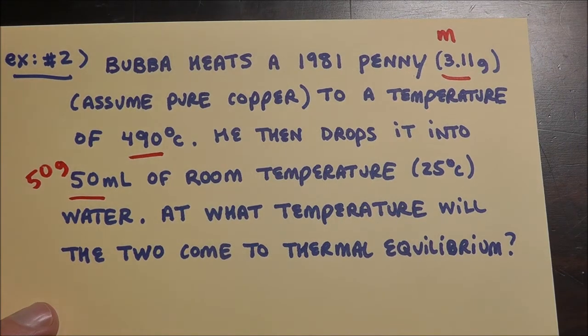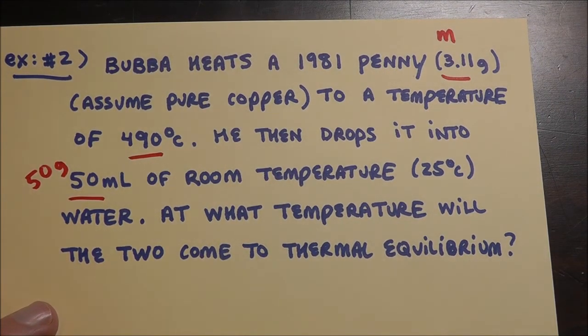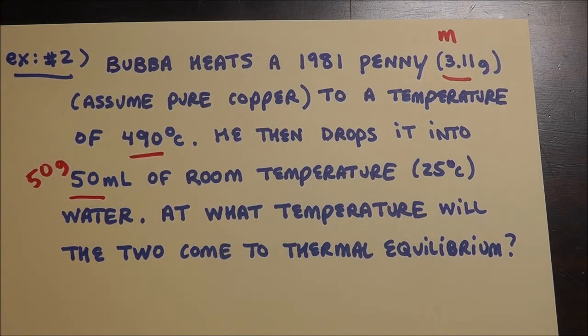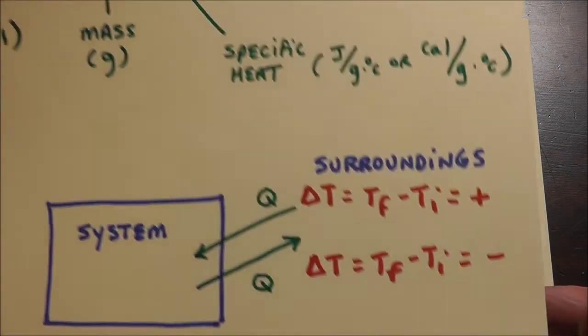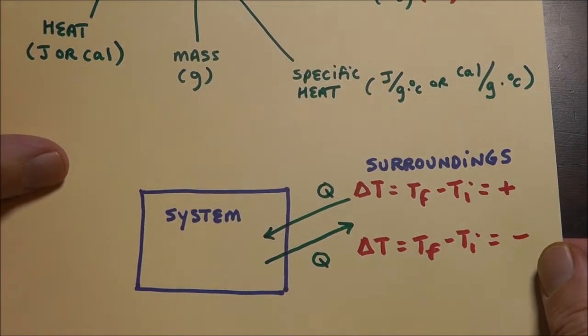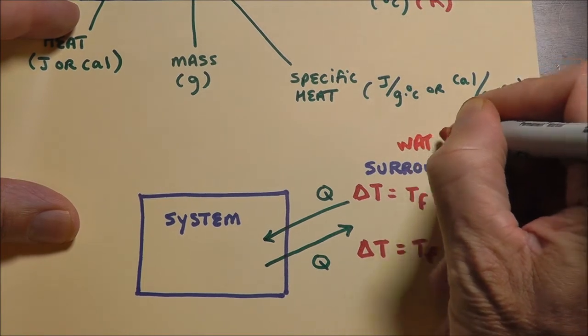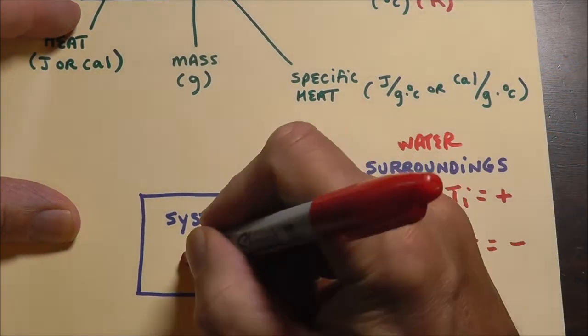There's another M. At 25 degrees C, at what temperature will the two come to thermal equilibrium, which would be the same temperature? So it doesn't really matter what we call system and what we call surroundings. We could call this the water, and we could call this the penny.